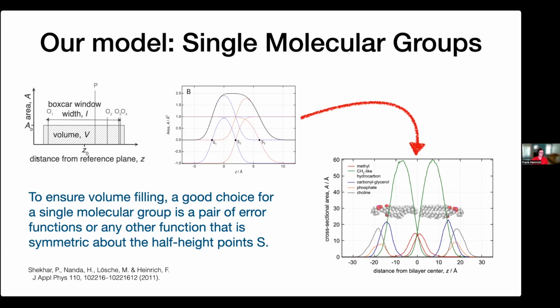It's not that easy, but if you actually have a spatially extended group and you assume that this has more or less a constant area per group, or cross-sectional area, then this would be such a box here. And if you now take that box and convolute it with a Gaussian function, you will get a pair of error functions. So this is our motivation for error functions. But in the end, given our resolution and all these assumptions that go into that, it doesn't make a big difference. You could have chosen any other symmetrical function.